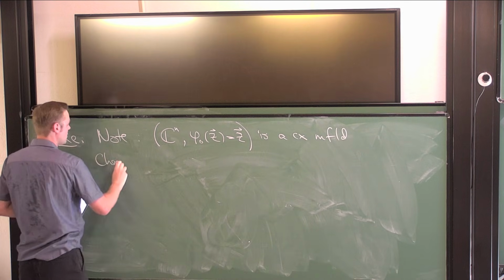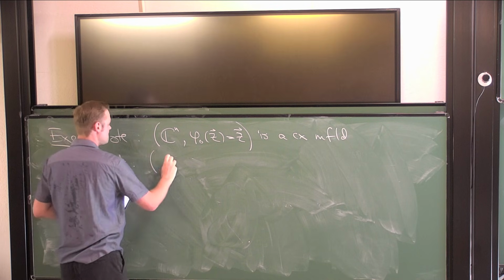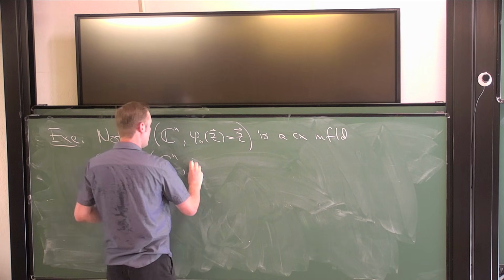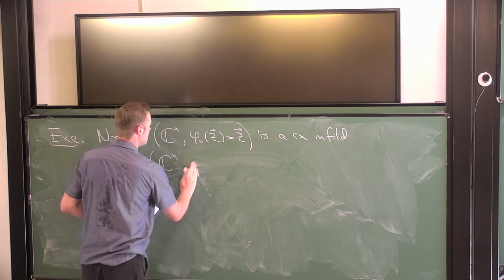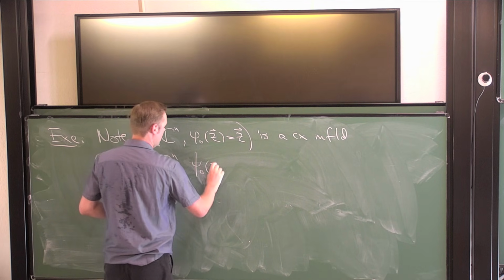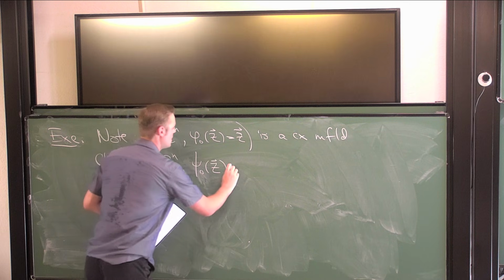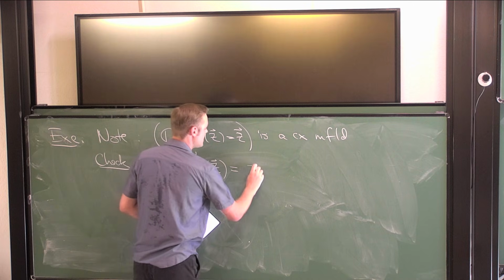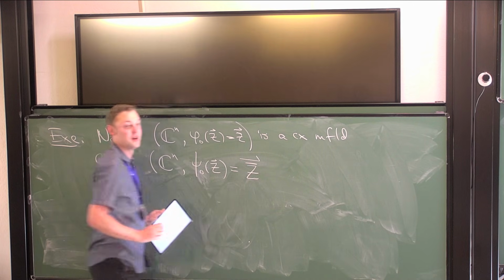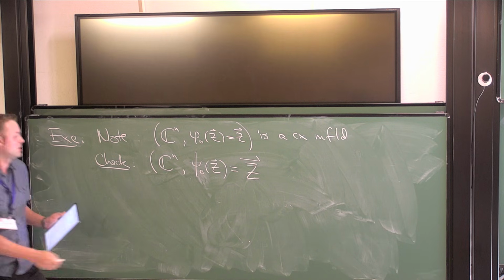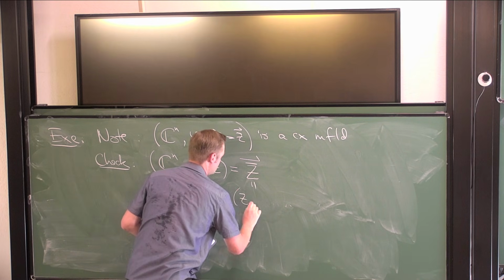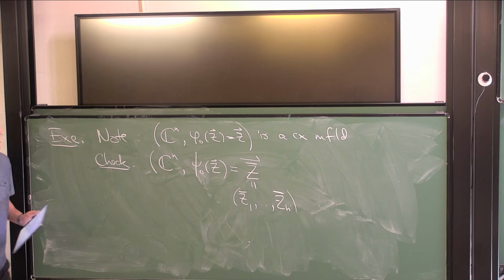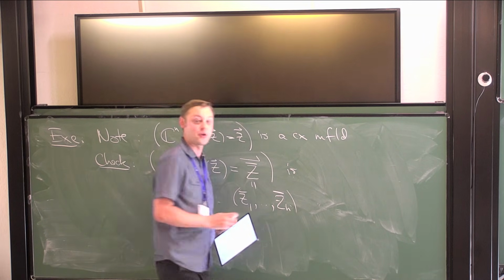So another thing that you could check is that if I take C^n, the set of n tuples of complex numbers, and equip it, now I don't know what to call it, let's call it psi, with the following complex chart, which is that I take the point z in C^n, and I send it to its complex conjugate. So just every single, does this make sense? This just means like this. So check that this is also a complex manifold.